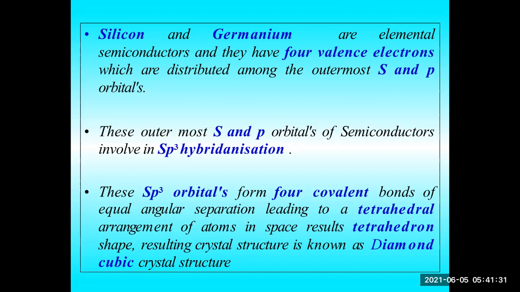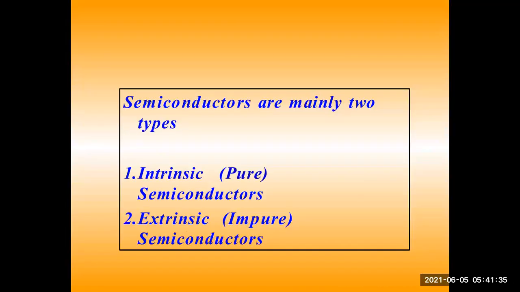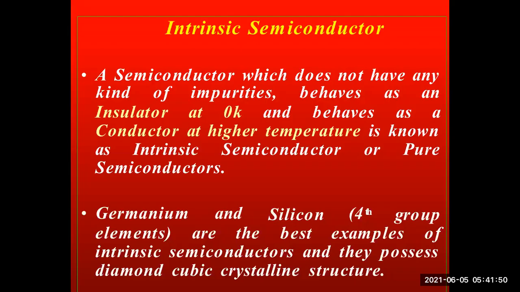So how the semiconductors are related to the crystals, what we studied in unit 1. Semiconductors, as I said, are classified into 2 important categories: intrinsic semiconductor and extrinsic semiconductor. Extrinsic semiconductors are also known as impure semiconductors.